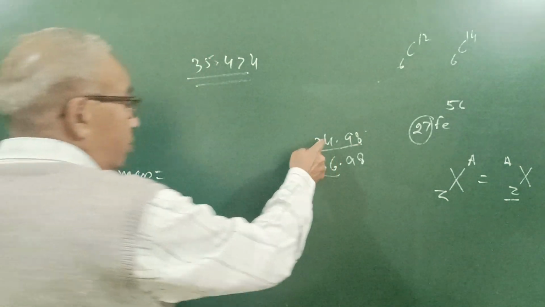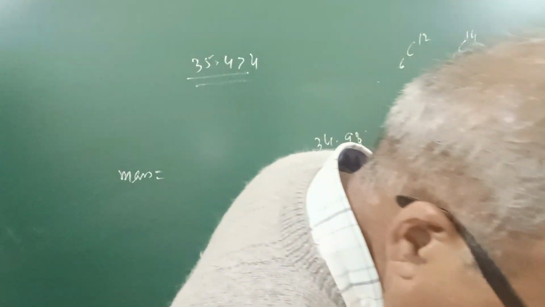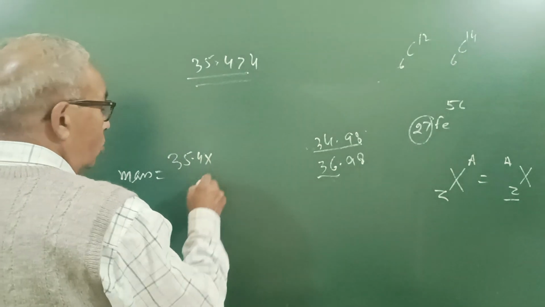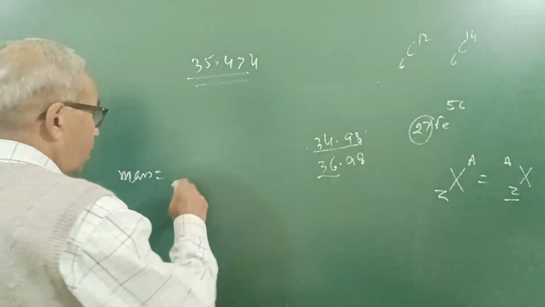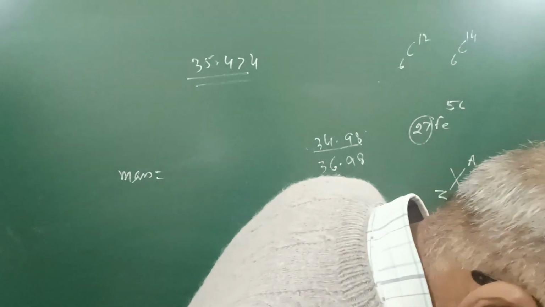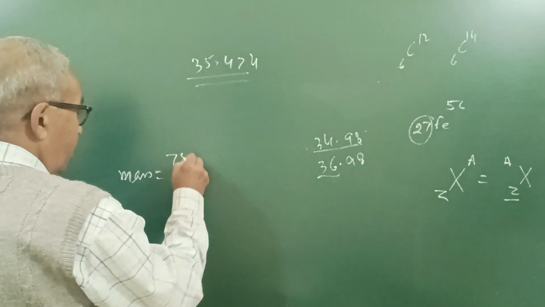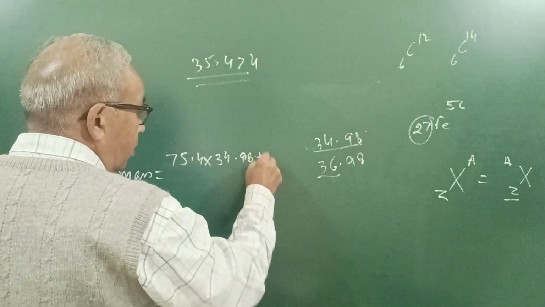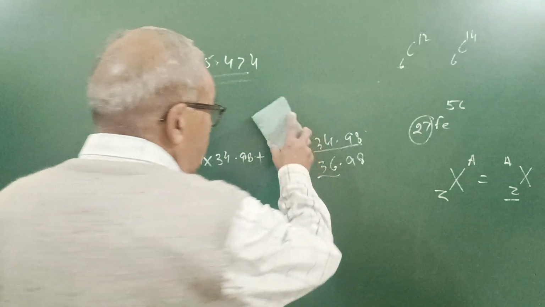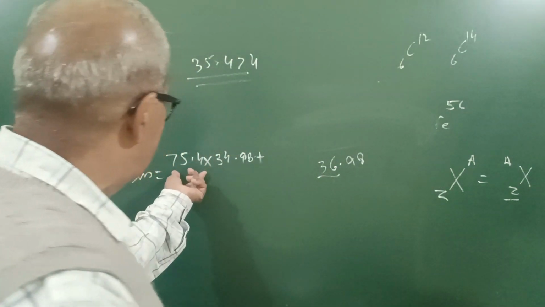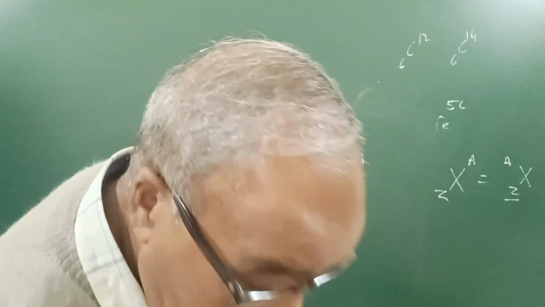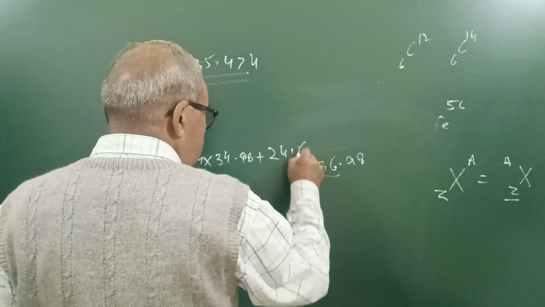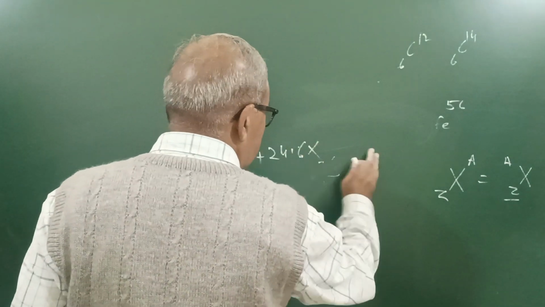So this presence in nature is 75.4, sorry, so 75.4 × 34.98 plus the other abundance, the other presence, is 24.6 out of 100 × 36.98.